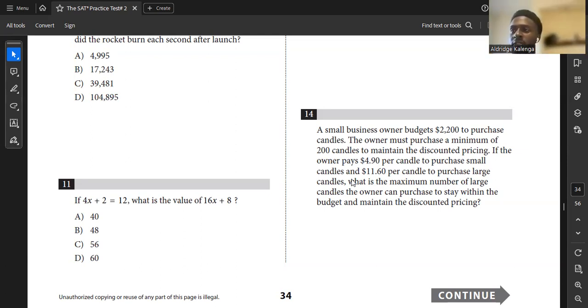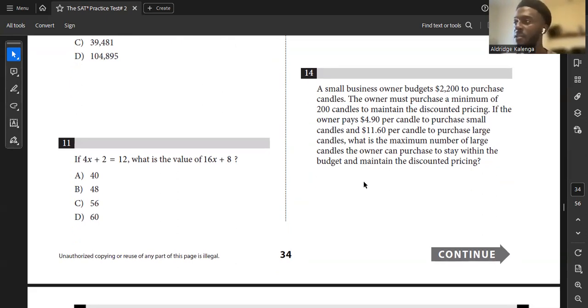But these are just simultaneous equations, right? So it says a small business owner has a budget of $2,200 to purchase candles. So he must purchase a minimum of 200 candles. So once he's done buying these candles, it should only be 200.